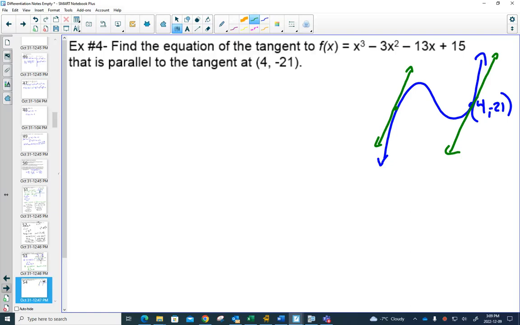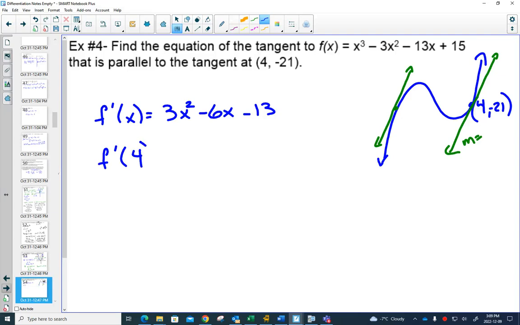So what could we find? Does it make sense that we could probably find the slope of this line? We could find that with calculus because we can find the derivative. The derivative in this case would be 3x squared minus 6x minus 13. And at x equals 4, and this is why this notation is really nice, because you can write in function notation, the derivative at x equals 4 is equal to 3x squared minus 6x minus 13.